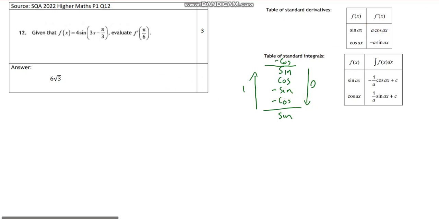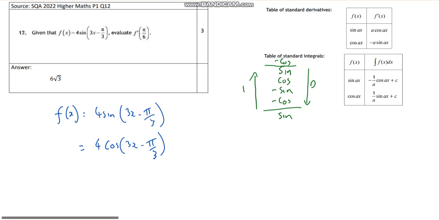Okay, so let's write our question out. I've got f of x equals 4 sine of (3x take away pi over 3). Let's differentiate sine. Sine becomes cos, and as always, the inside of the bracket stays the same, and my 4 stays where it is as well.